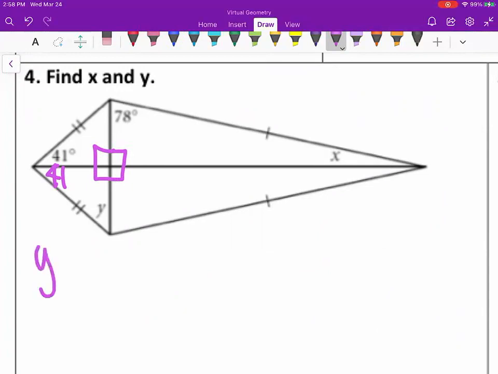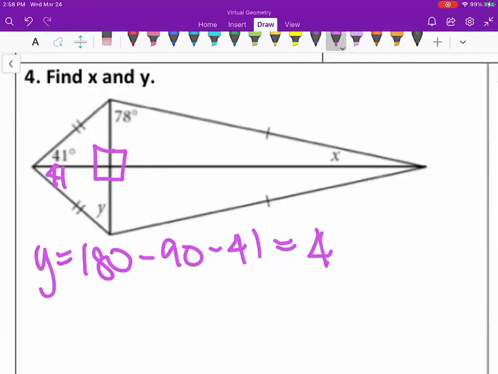To get Y, I can do 180 for my total minus 90 minus the 41 we just got. So that is 49 degrees for your Y.